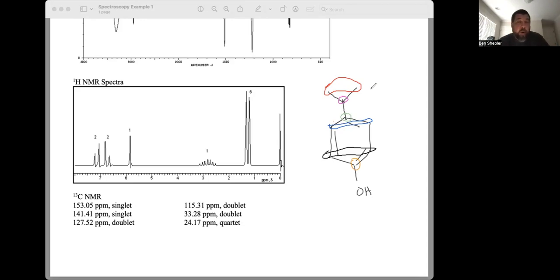In carbon-13 NMR, the splitting is determined by the number of hydrogens on those carbons, but we still add one. So it's not neighboring carbons anymore. It's actually hydrogens on those specific carbons. So then for the red signal, we would consider them separately. This carbon has 3 hydrogens. So 3 plus 1, it would be a quartet.